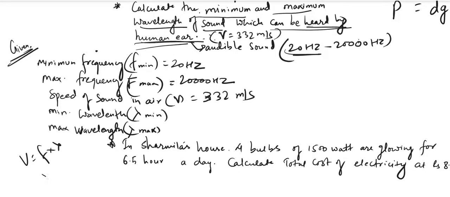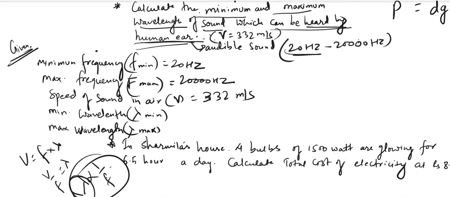As you know, v is equal to f into lambda, so v upon f is equal to lambda. So lambda is inversely proportional to f. If lambda increases, frequency decreases; if lambda decreases, frequency increases. They have an opposite relation.